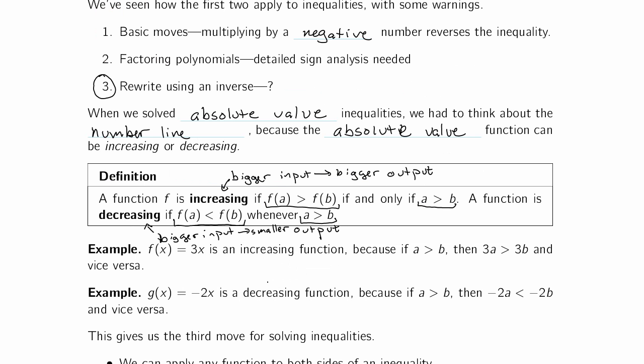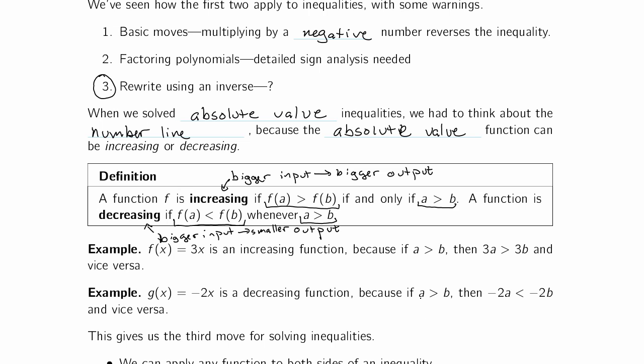We can see some simple examples of this. The function where we just multiply by 3, that's an increasing function, because if I take a bigger number and multiply it by 3, I get a bigger result. And if I get a bigger result when I multiply by 3, I must have started with a bigger number. So that's increasing. Multiplying by 3 does not reverse the inequality. Multiplying by -2 is a decreasing function.